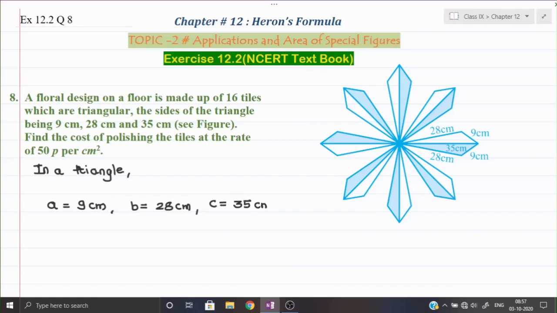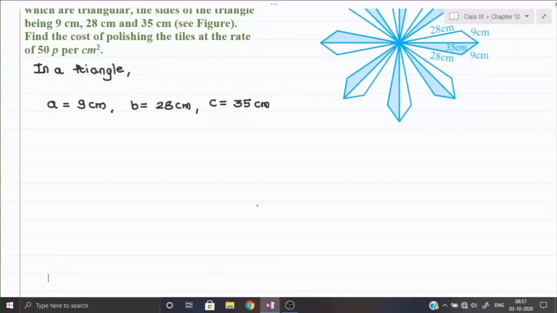Now first we shall find out the required area. To begin with Heron's formula, first we will apply the formula of semi perimeter, that is A plus B plus C divided by 2.